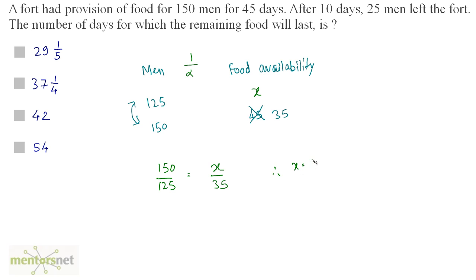Therefore x is equal to 150 by 125 times 35. So 25 times 5 is 125, 25 times 6 is 150. So this is equal to 6 times 7, 42. So the food availability for 125 men is 42 days. Option C.